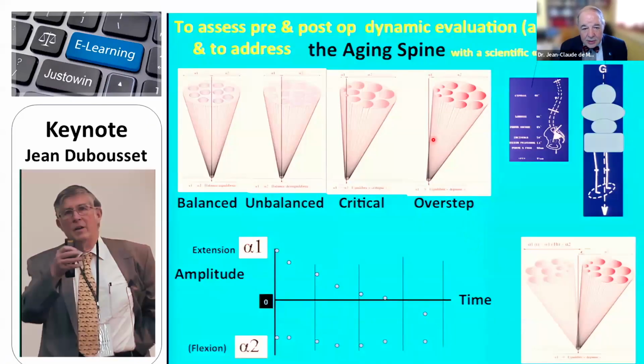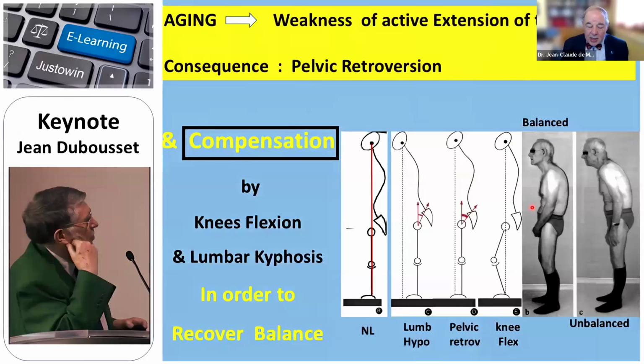This is the cone of balance, the compensation. Harmony is important because you can have scoliosis very harmonious and scoliosis very disharmonious. And it's not exactly the same treatment, both for physiotherapy and bracing.